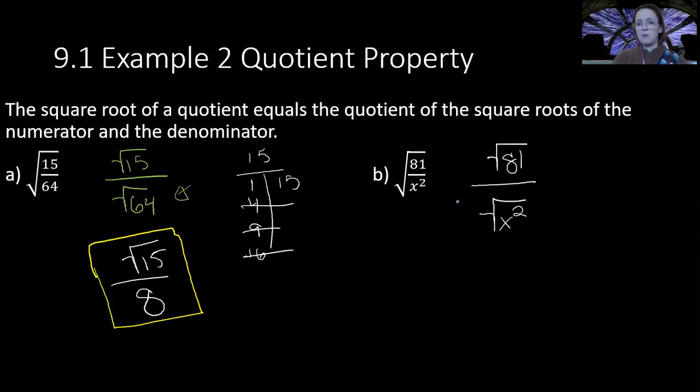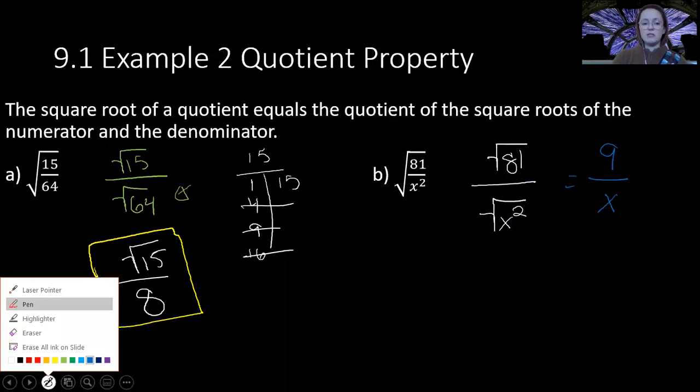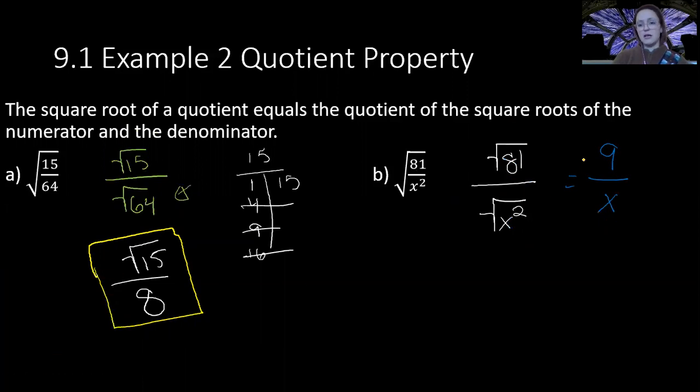That's a perfect square in and of itself, so the square root of 81 becomes just 9. I can simplify the bottom too: the square root of x squared is just x. So this one winds up with absolutely no radicals inside of it. These are our two solutions.